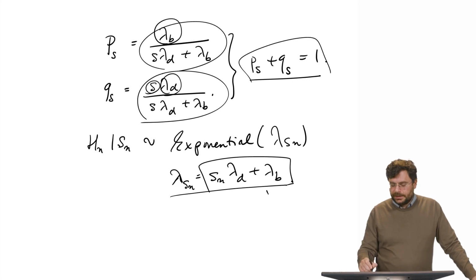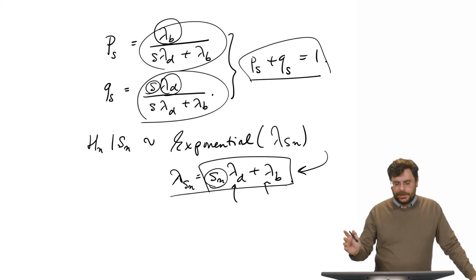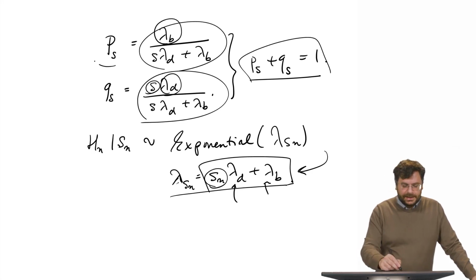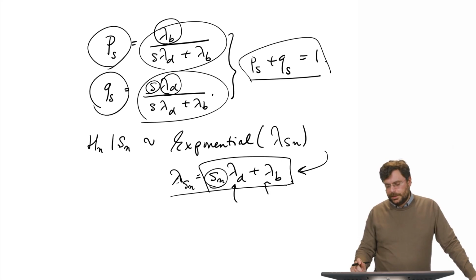So the competing events are birth and death for however many members that I have. Again, this is a result that's derived carefully in Appendix D, if you care to follow that derivation. Otherwise, you can look at the simulation and get an intuition for it. And by the time I've derived this lambda Sn, then I can derive the PS and the QS if I choose to.